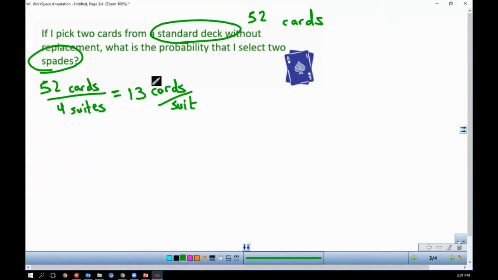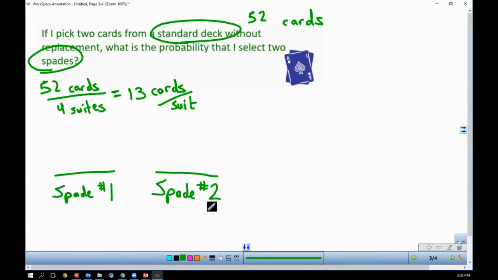Okay, so we want to get 2 spades. So I'm going to do 2 blanks right here. This first one's going to be spade number 1. Second blank's going to be spade number 2. What's the probability of drawing spade number 1? 13 out of 52.